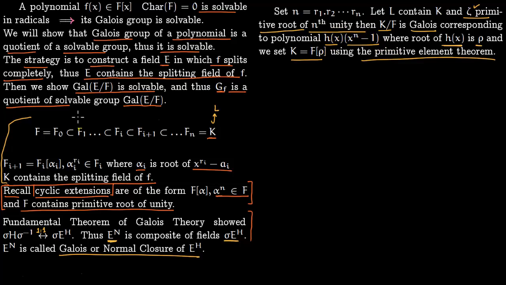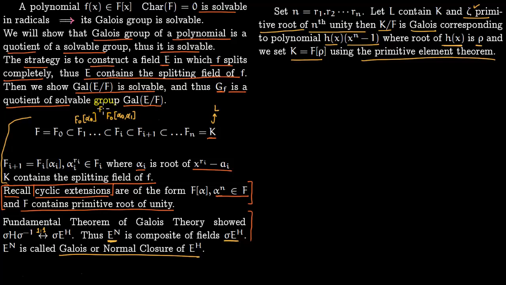So this is kind of obvious. The way you construct F_1 from F_0 is you take F_0 and you adjoin alpha_0 to it, and some power of alpha_0 lies in F_0. So F_2 would be, you take F_0(alpha_0) and then alpha_1.